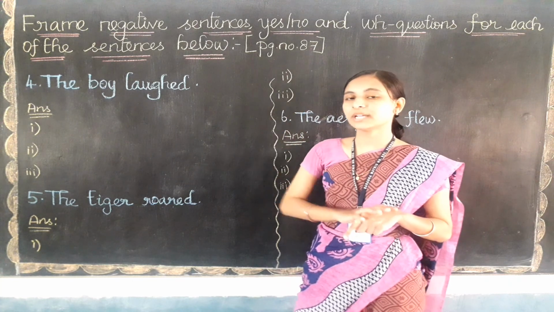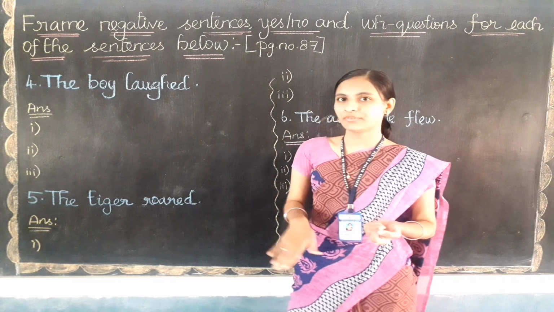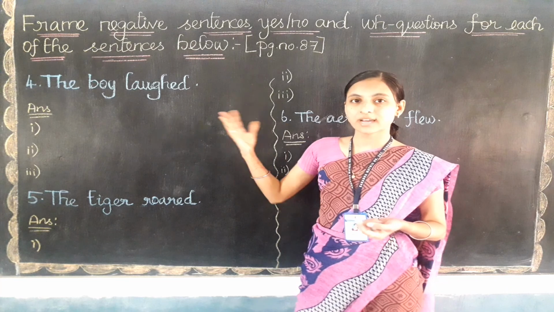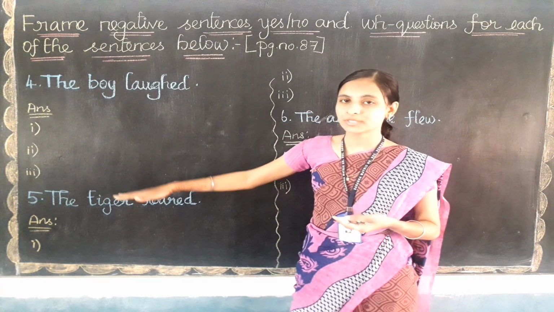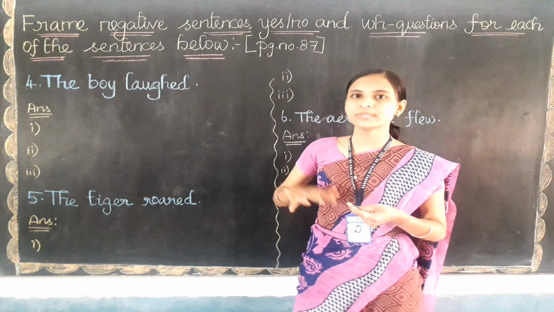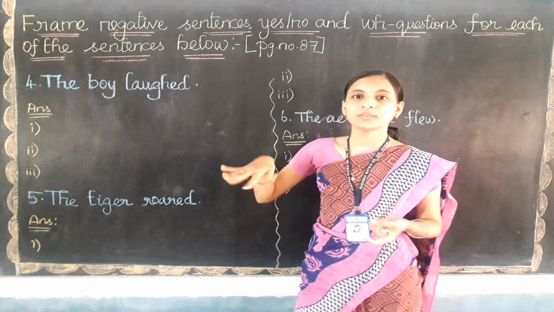And what about the WH question? Same only. The WH question word will come first, and then if it's a big sentence, we use the do family verb. If there is only a subject and verb sentence, we don't use any auxiliary verb. Instead we use the verb itself.